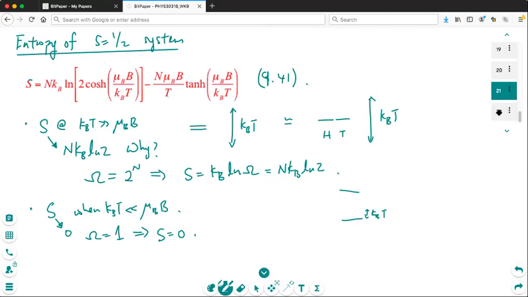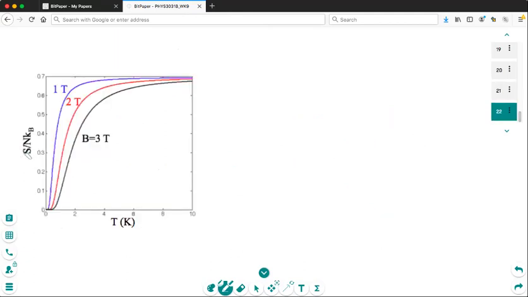This is basically entropy measured in units of N k_B versus temperature, and you do see this behavior. So you can do isothermal magnetization and adiabatic demagnetization, like what we discussed before. Everything is now linked together.